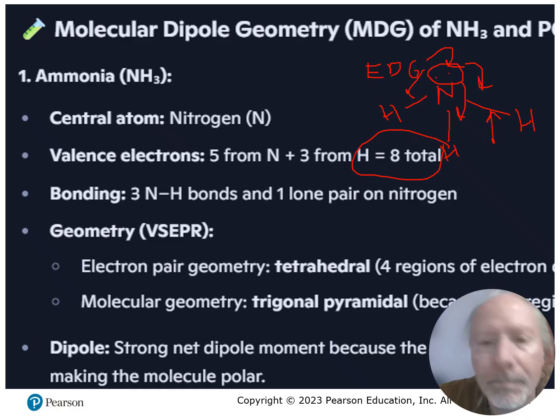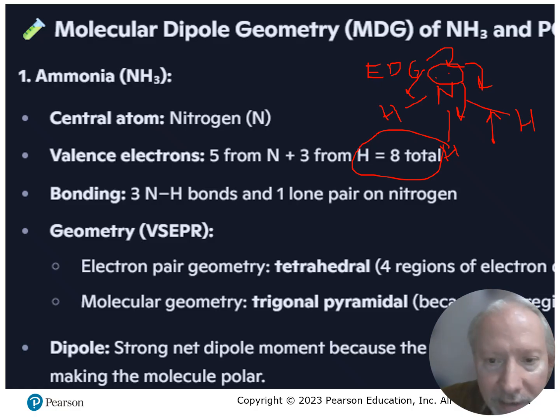So let me say that again. A lone pair of electrons takes up more space and is more repulsive than a pair of electrons that are shared. So a lone pair versus a shared pair of electrons, the lone pair will have more repulsion, right? And that's VSEPR. We can spread this out tetrahedrally because there are 4 regions of electron density.